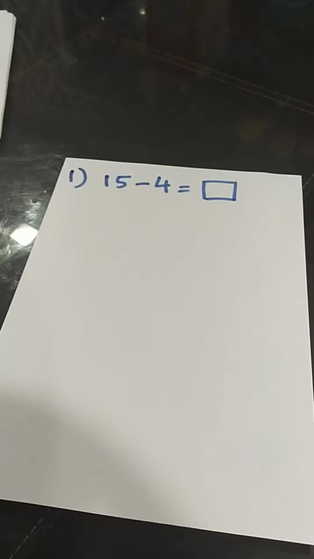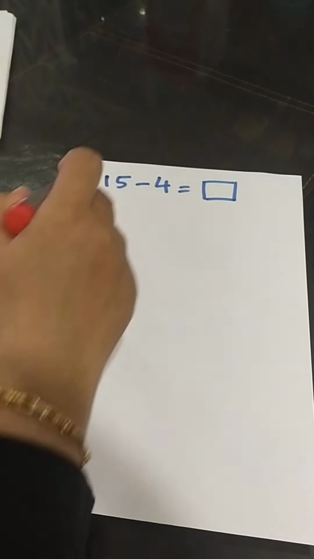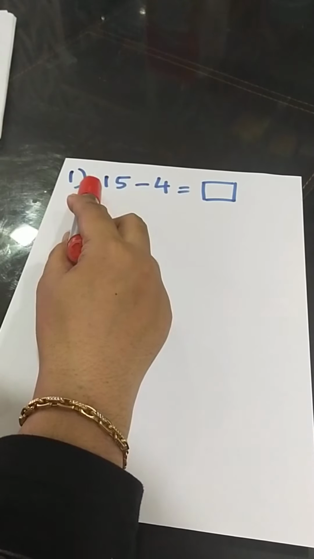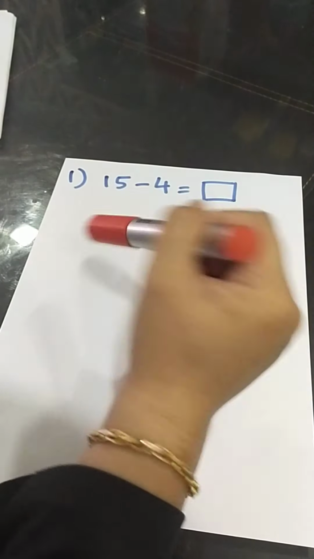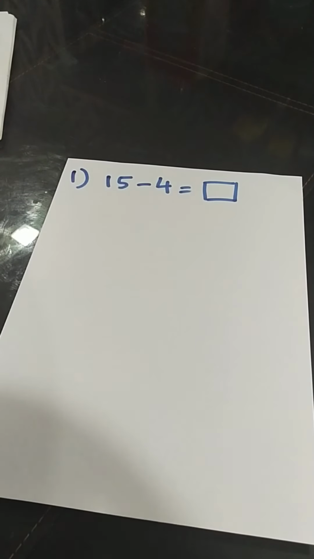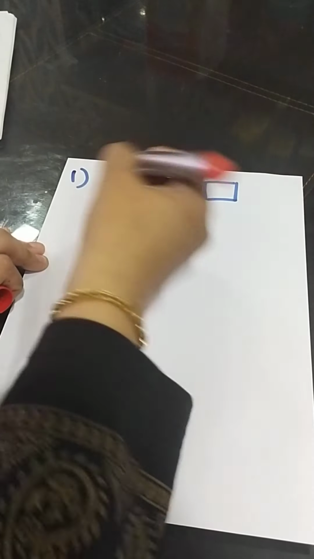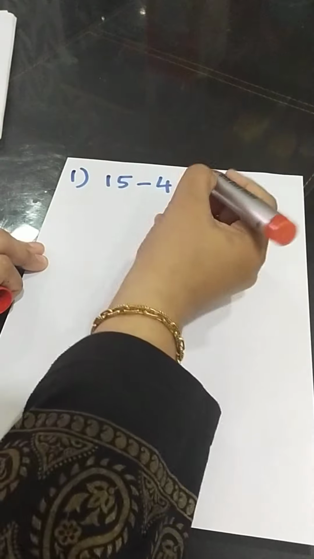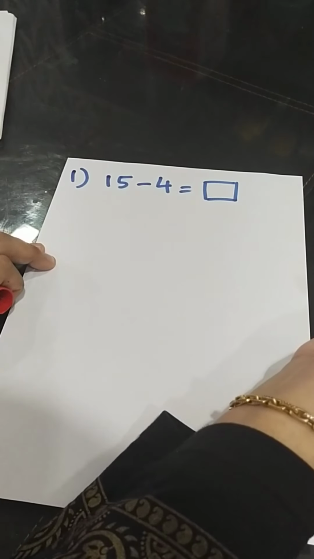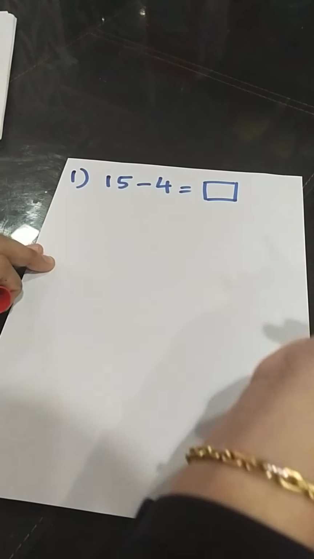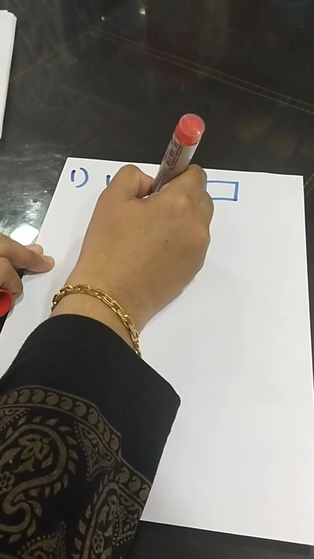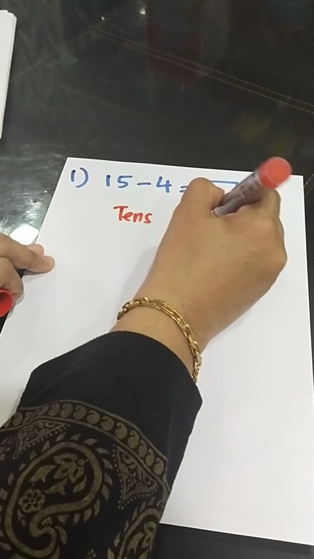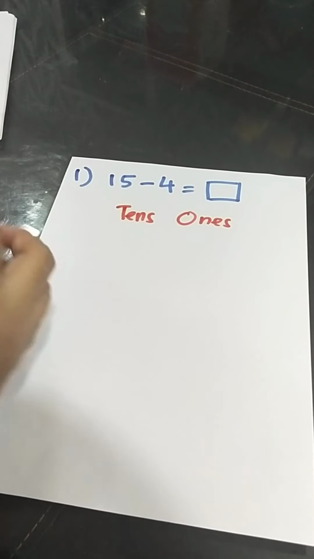So as usual, we need to change the number sentence to standard written method. We make it place value first, tens and ones, right?